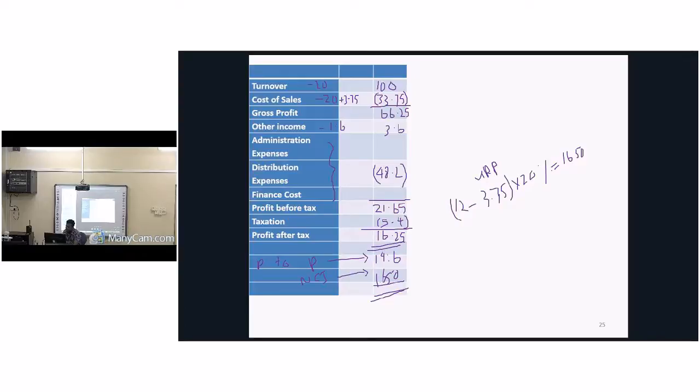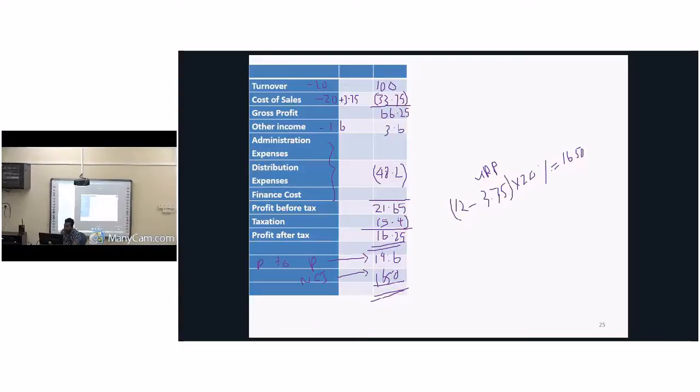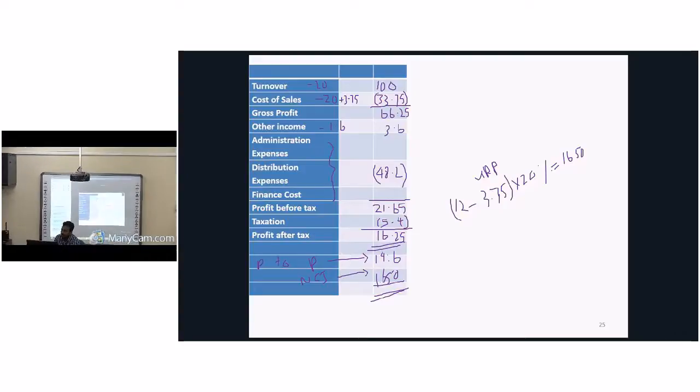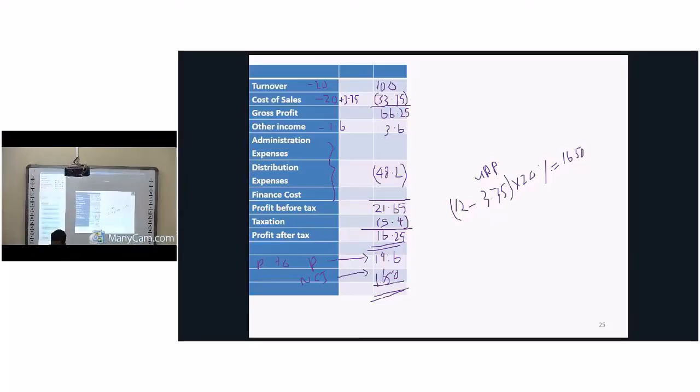Plus what else? 12,000 minus 3.75 into 0.8, 6,600.